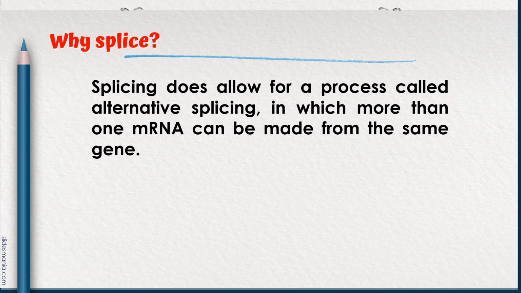Why do we need to splice? Splicing allows for a process called alternative splicing, in which more than one mRNA can be made from the same gene. Through alternative splicing, we can sneakily encode more different proteins than we have genes in our DNA.